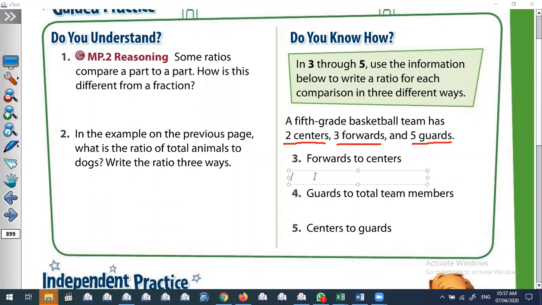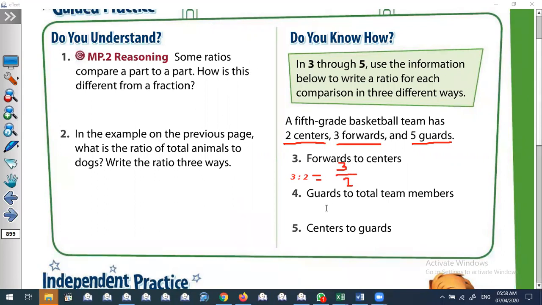Order is important. Forwards are 3, centers are 2. So it will be 3 to 2. Or I can write it as a fraction like that, equals 3 up, 2 down, no problem.